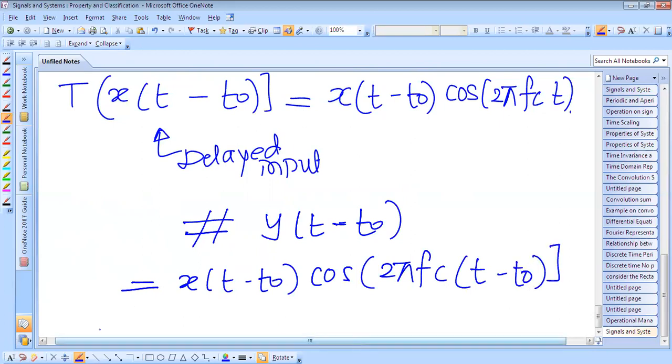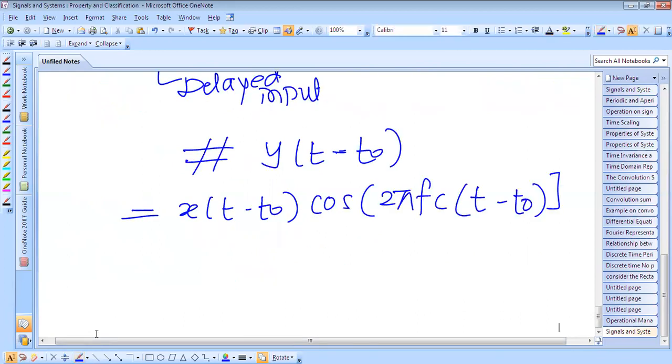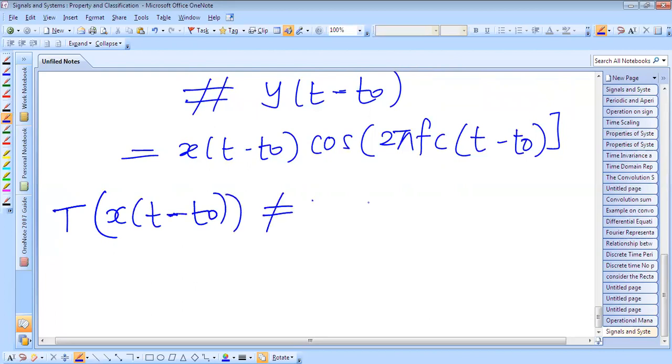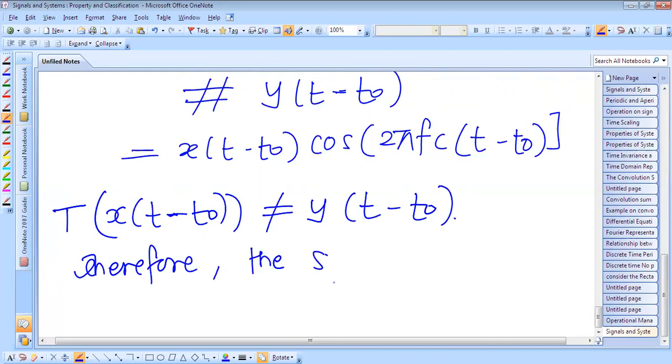Okay, therefore we can write here T of x of t minus t0 is not equal to y of t minus t0, and therefore the system is time variant.